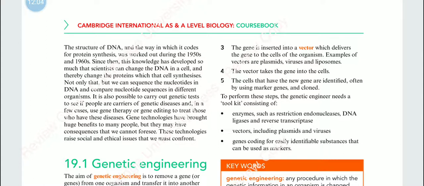Number two, vectors including plasmids and viruses. Number three, genes coding for easily identifiable substances that can be used as gene markers.